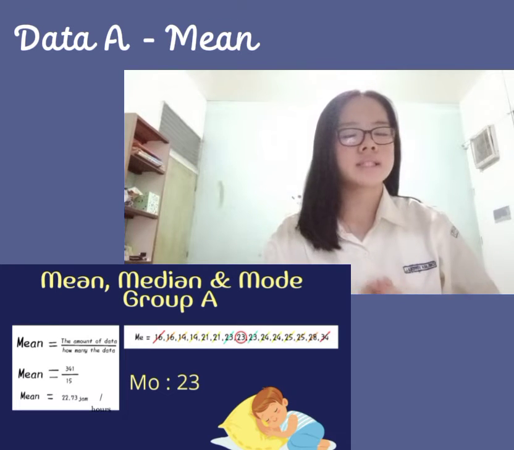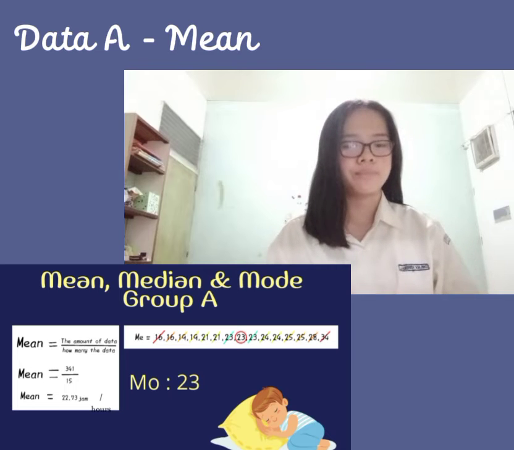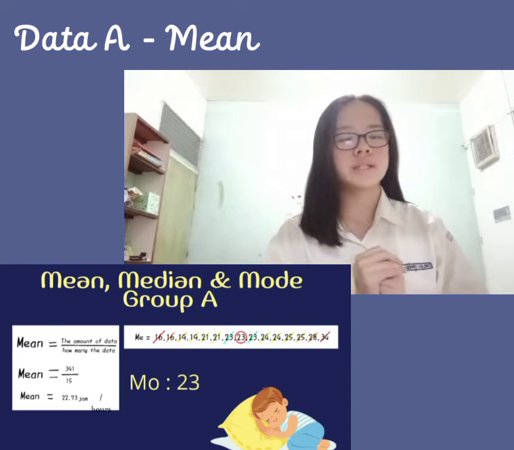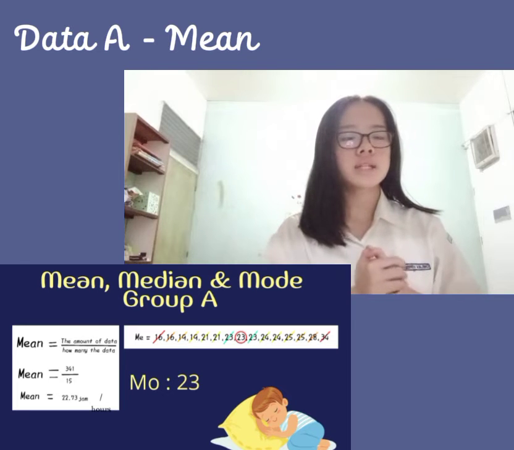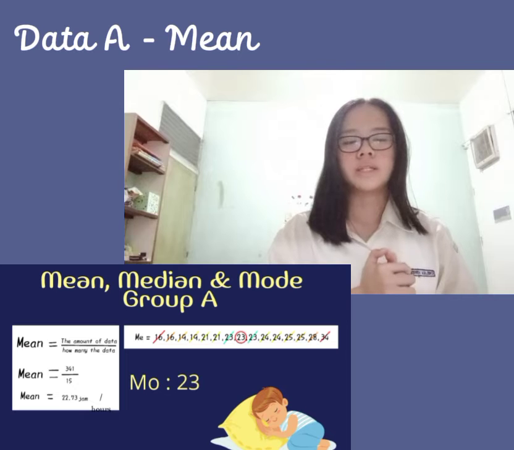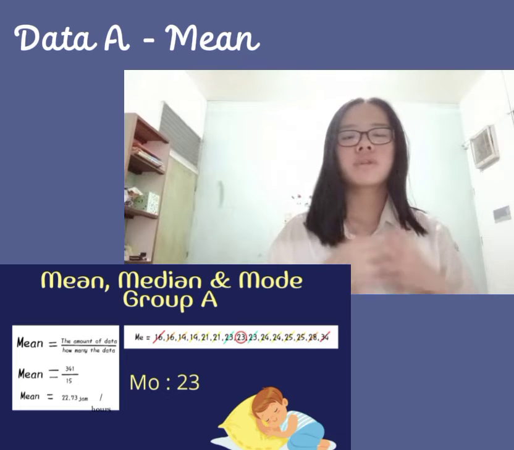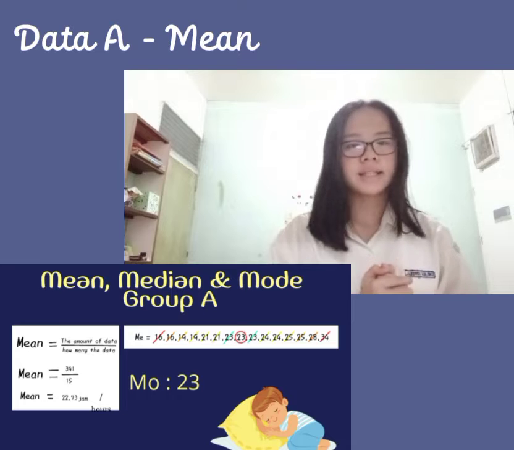And then we enter this result into the formula for the mean. The formula is the sum of the data divided by how many the data is. After that, we divide 341 by 15 because 15 is how many the data is. And then we have 22.73, and that is the mean.